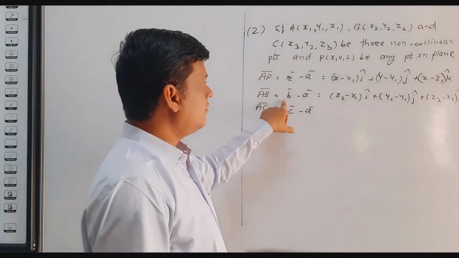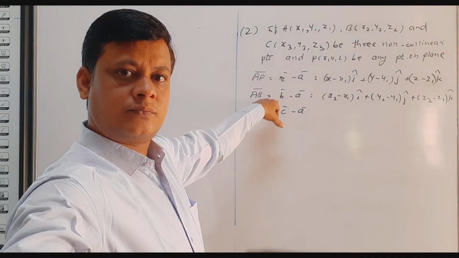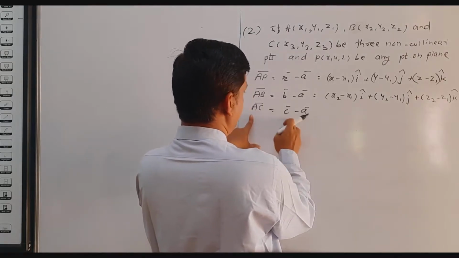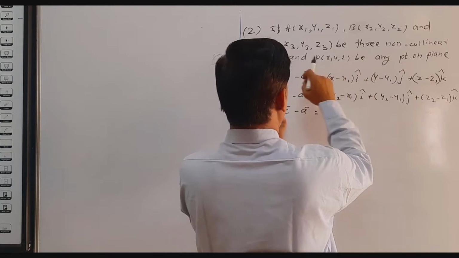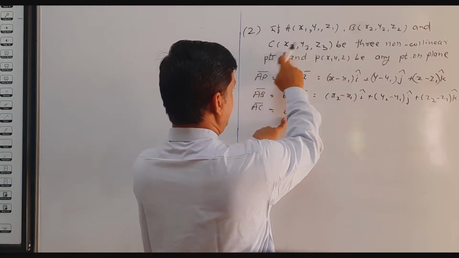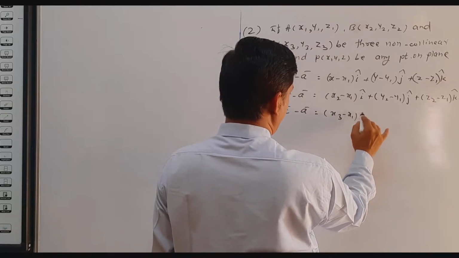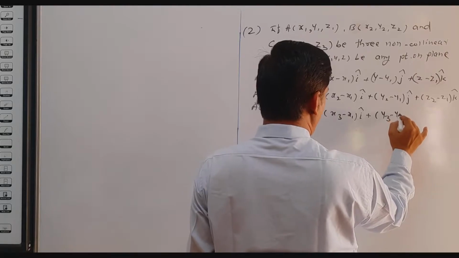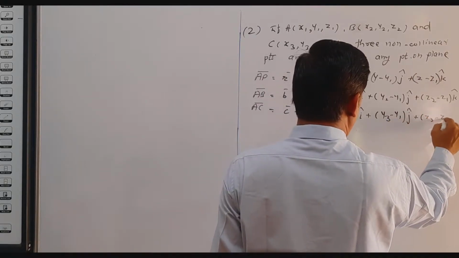Now then we write here vector AC equals C bar minus A bar, that means C bar is the position vector of this point C. So we write x3 minus x1 i plus y3 minus y1 j plus z3 minus z1 k.